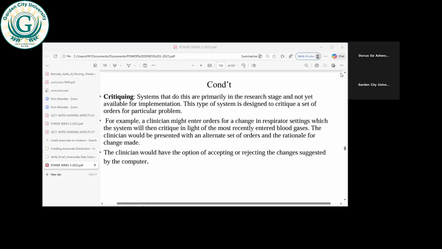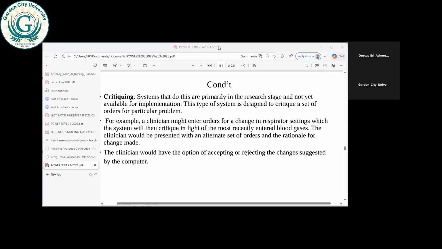We also have Internist-1, and then we also have Quick Medical Reference. All these are features that contain several medical conditions and diagnoses. The system ensures that you do the right things at all times.